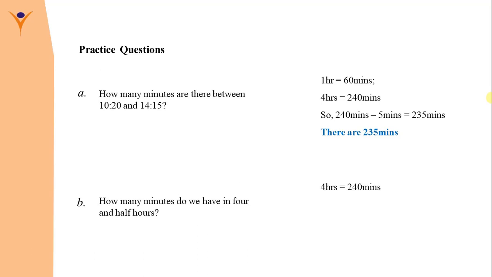So here it is: 4 hours, we have 240 minutes, that is 60 times 4. Half an hour, we have 30 minutes. So you add 30 and 240, 270 minutes. So there are 270 minutes in 4.5 hours. Good. Now let's learn.